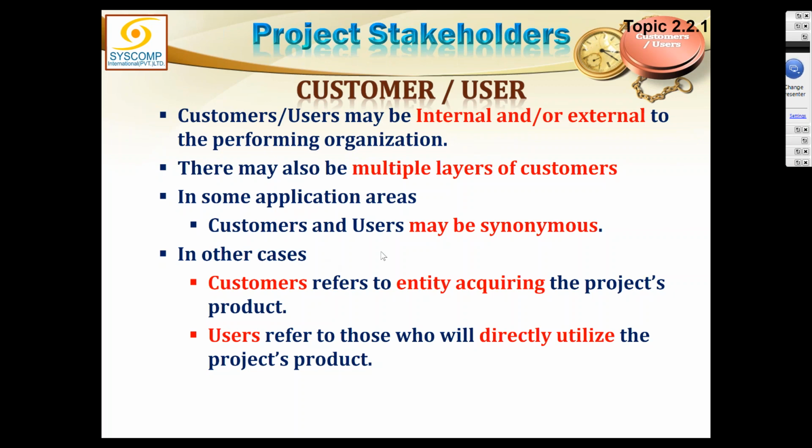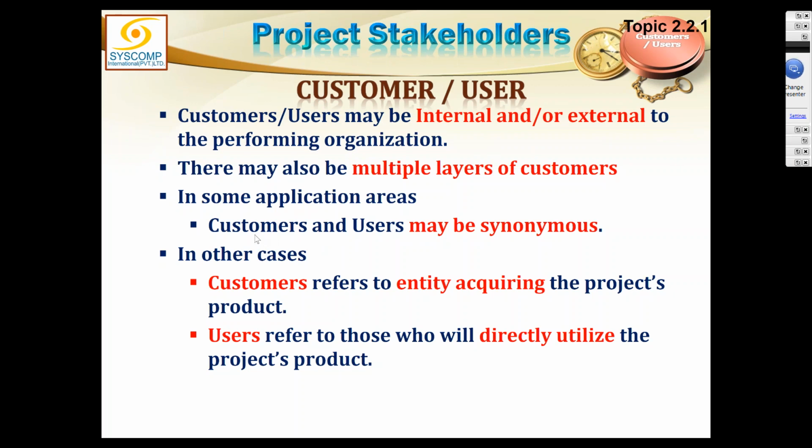As I said, customer and user could be the same person, but it is also possible that the person you are doing the project for is the customer, but the ultimate user, the end user of that, could be a different person. Or it may also be possible that there are many other people between the customer and the user.